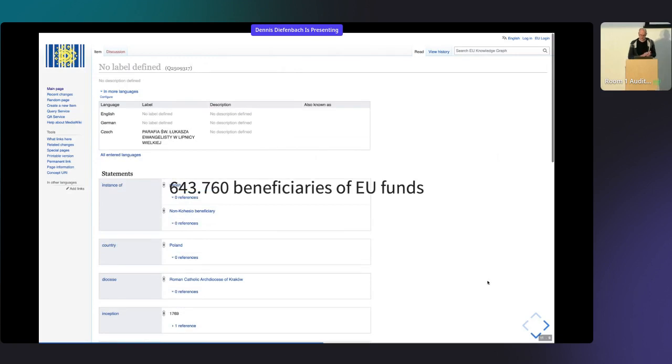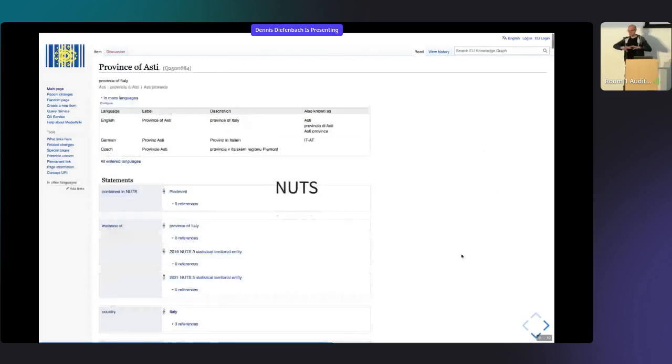It contains 640,000 beneficiaries, institutions or private persons that received funds from the European Union. It contains NUTS, so we describe all statistical or geographical regions in Europe. This is important because it's a very important knowledge asset for the European Union in the graph. In this case, it's an article about the province of Asti, which is a particular region in Italy, in the Piedmont area.